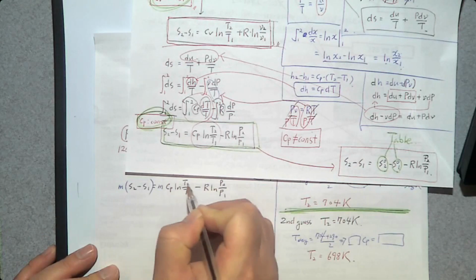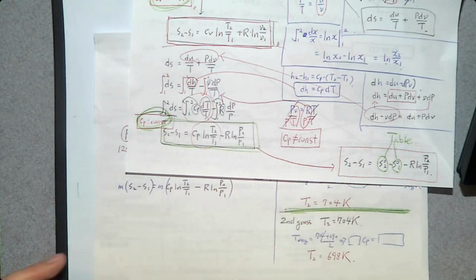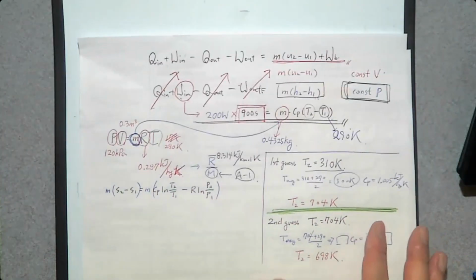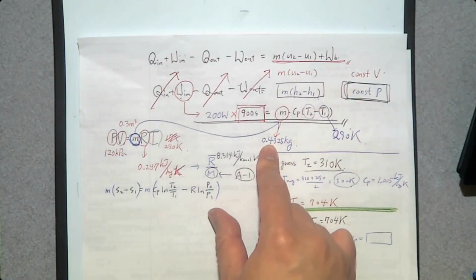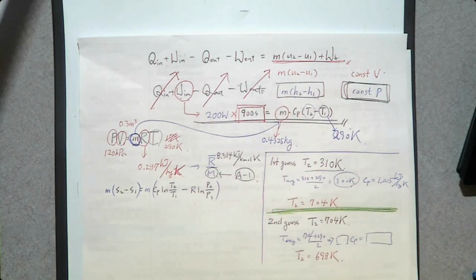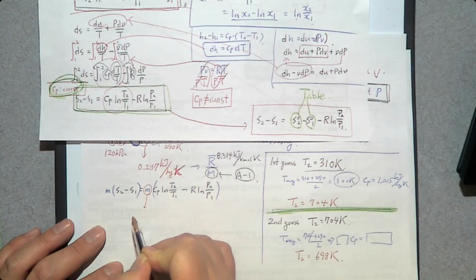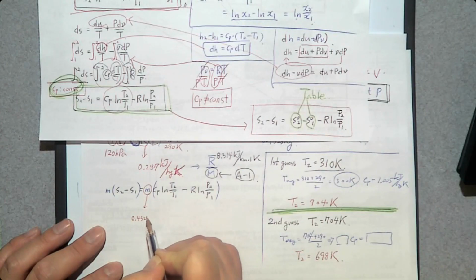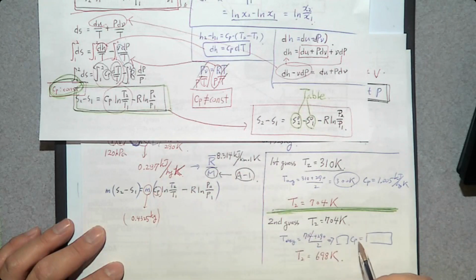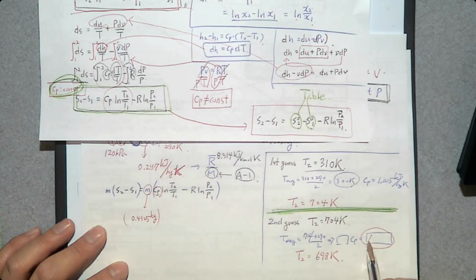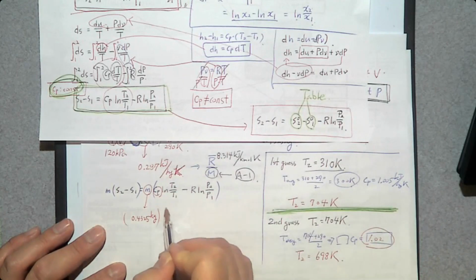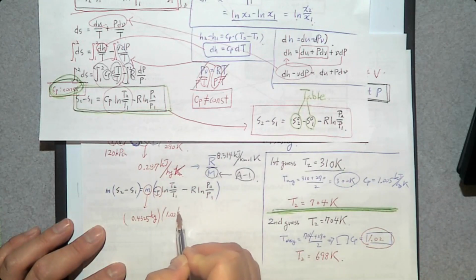Then what is the mass of the system? 0.4325 kilogram. What is the specific heat that we used here? 1.02 kilojoule per kilogram Kelvin.